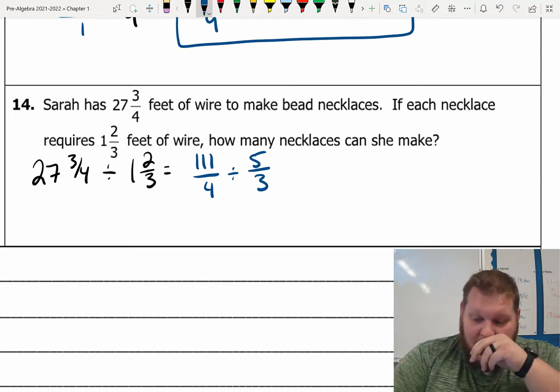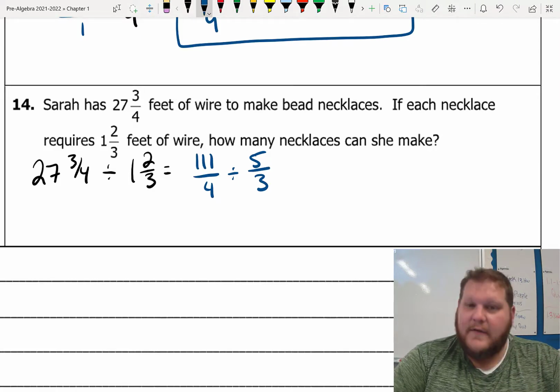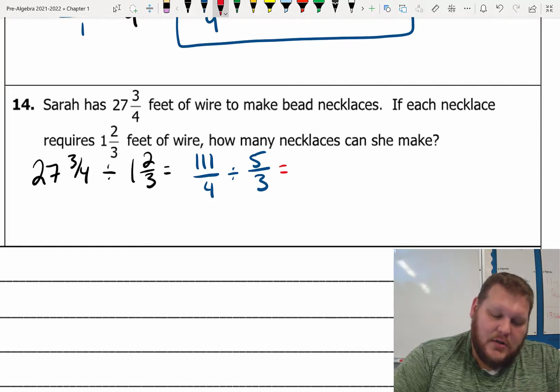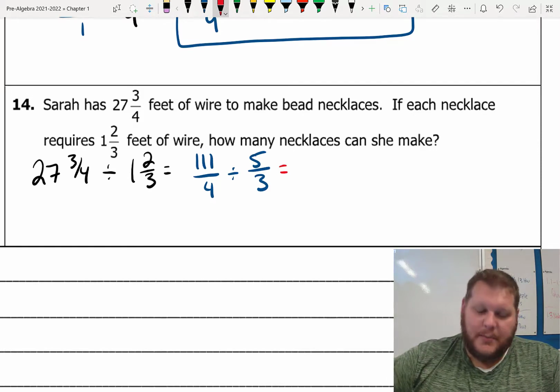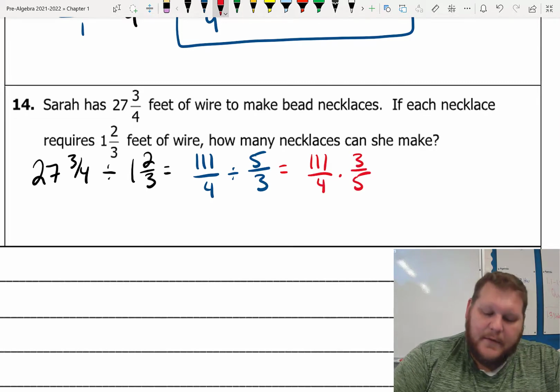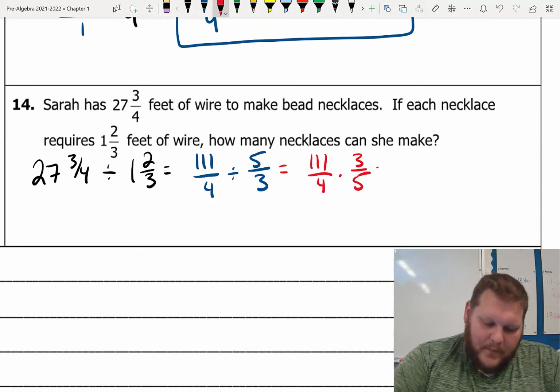So 111 over 4 divided by 5/3. We know if we're doing division, we just multiply by the reciprocal. So 111 over 4 times 3 over 5. And then we can just multiply straight across. So 333 over 20.